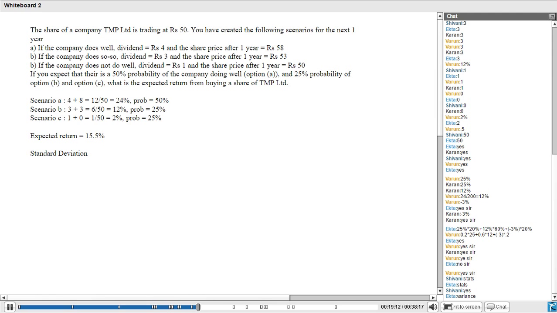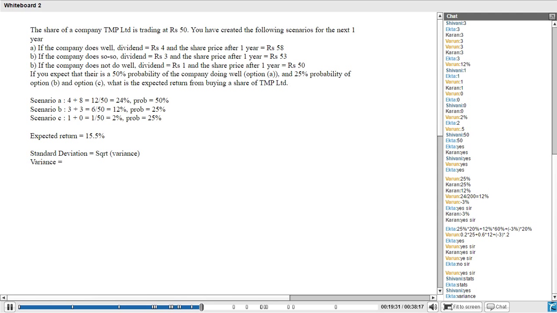So standard deviation is the square root of variance. And how do we calculate variance? We calculate variance by taking the actual value and its difference from the mean and squaring it, with the expected value of the square of these values.